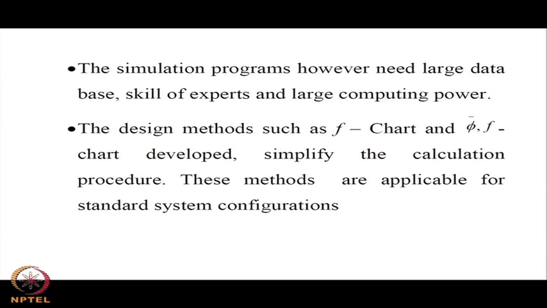The monthly average daily utilizability is nothing but the solar radiation available to us above the critical level throughout the month, and that combines the statistics of the solar radiation as well as the operating conditions of the system. All these are applicable for standard system configurations.